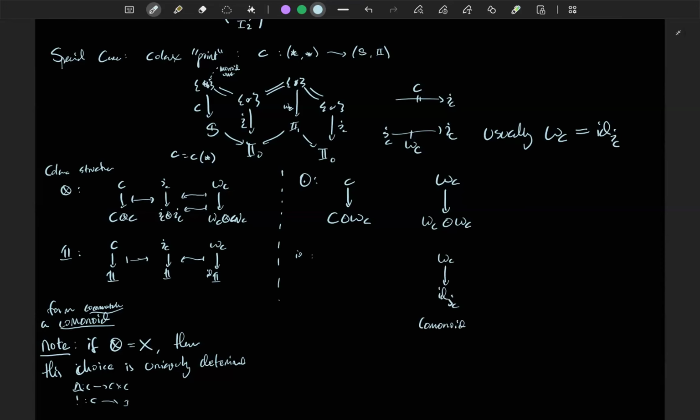Okay. Again, usually WC is the identity, and this thing here is also the identity. That's the usual case that we'll consider. But this is what we just get from specializing the definition.